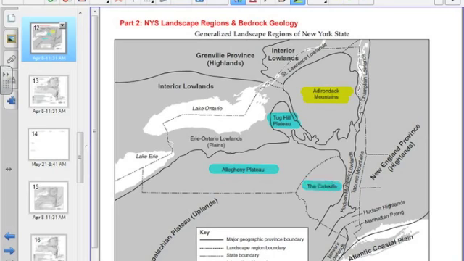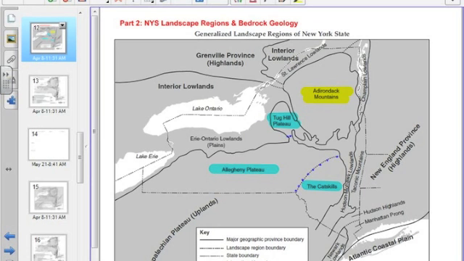Now, let's notice that there is only a dotted line that separates the Allegheny Plateau from the area known as the Catskills, and a dotted line that separates the Allegheny Plateau from the Tug Hill Plateau. What that means is this large area is really one plateau area, but there are certain parts of the state that are very well known, like the Catskills, so they get named on the map.